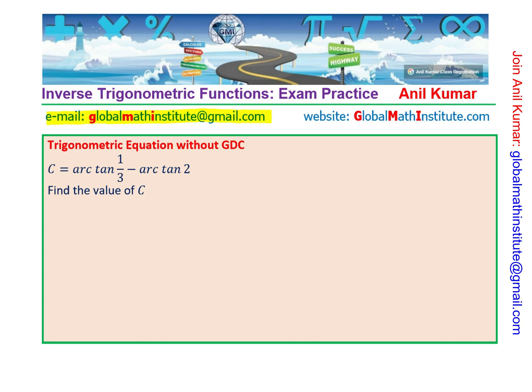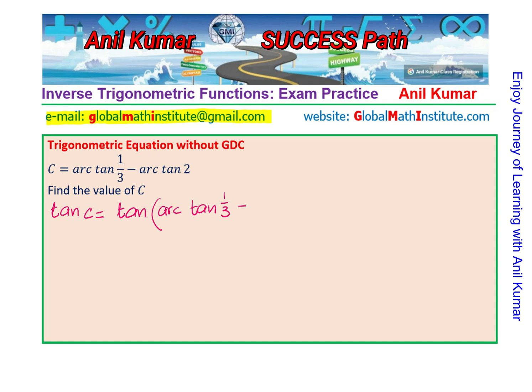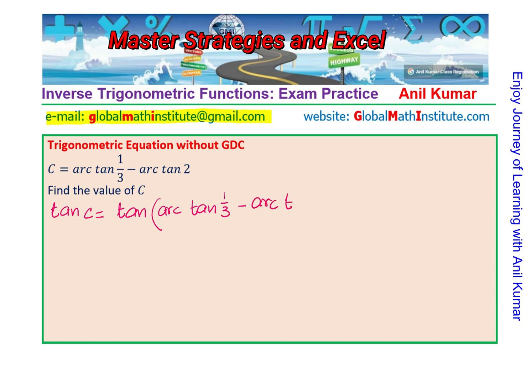Perfect. So whenever you have a question like this, you can take tan on both the sides. So you get tan C equals tan of arctan 1 by 3 minus arctan 2. Now, arctan 1 by 3 or arctan 2 will be some angle.